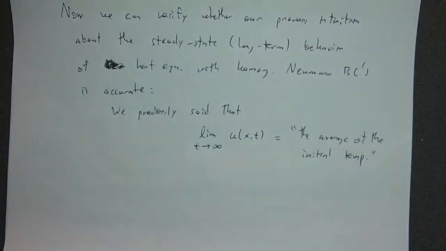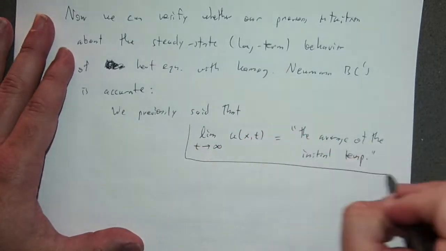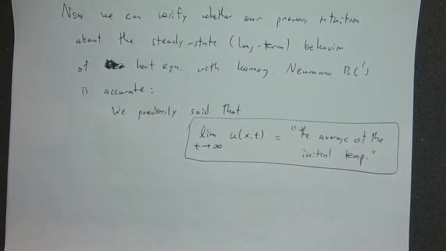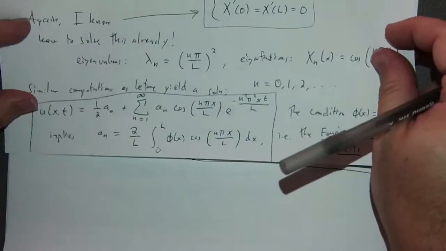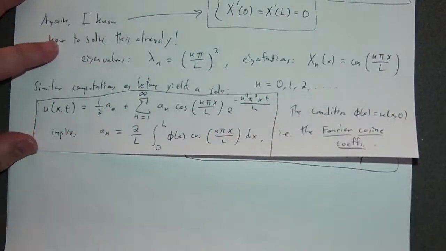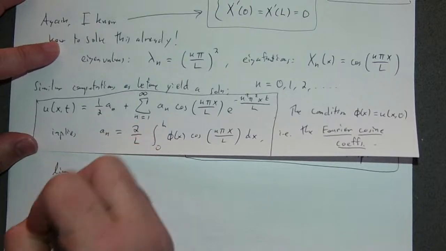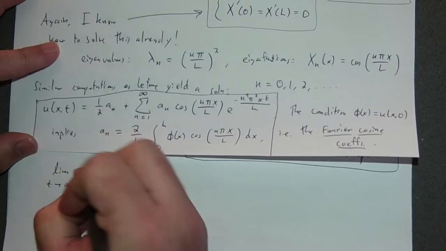Okay, so that is what we previously said. Well, let's see how this meshes with our formula here. So here's our formula for our solution. Let's take the limit as t goes to infinity of u of x, t.